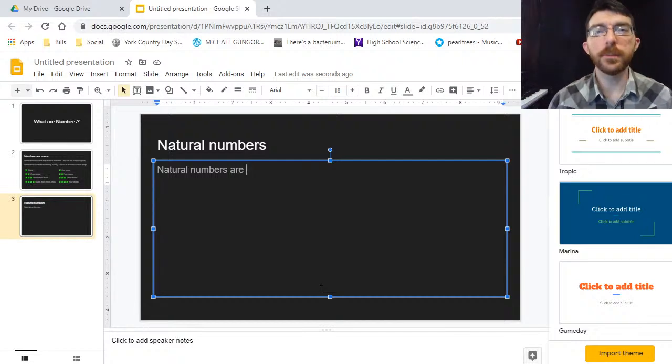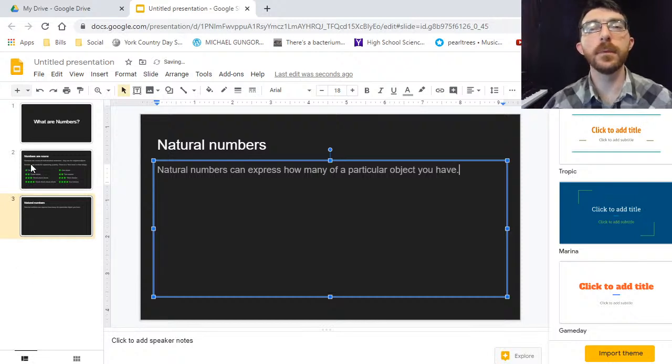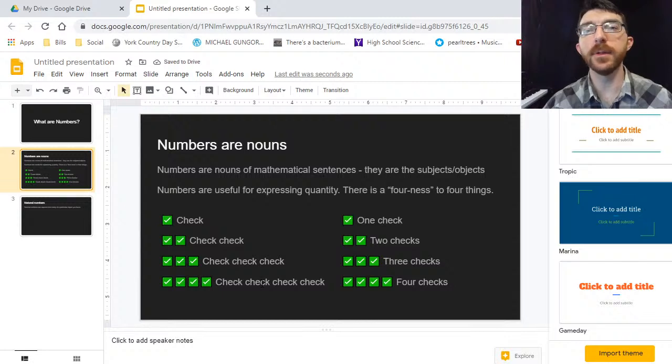Okay, so natural numbers can express how many of a particular object you have. You know what? That really should be at the bottom of this.